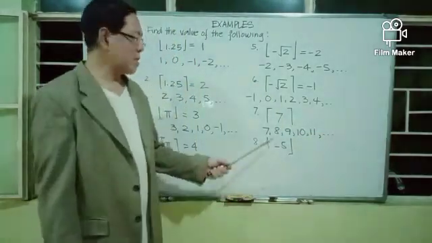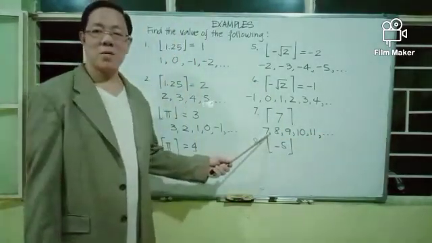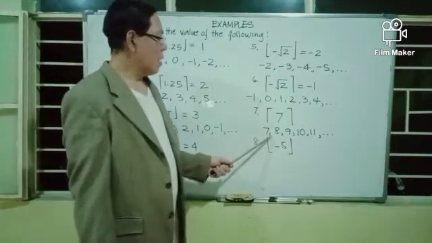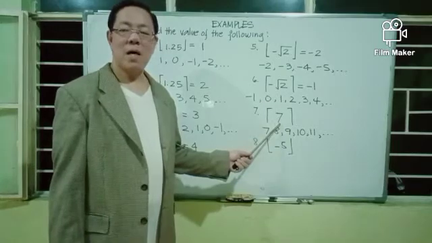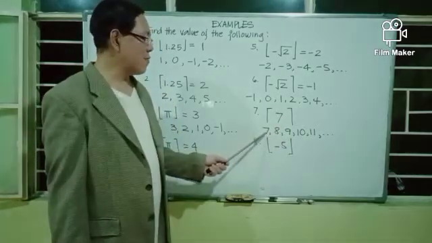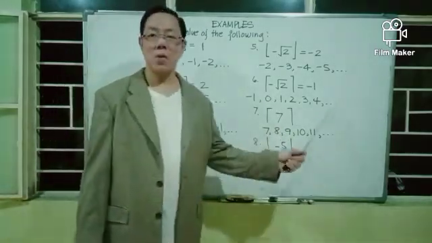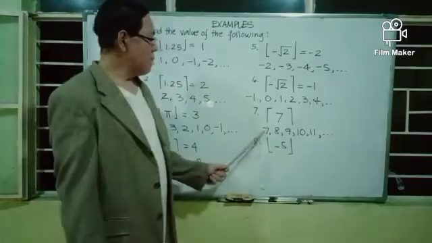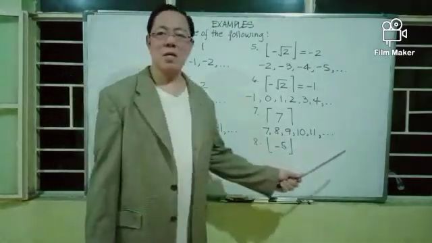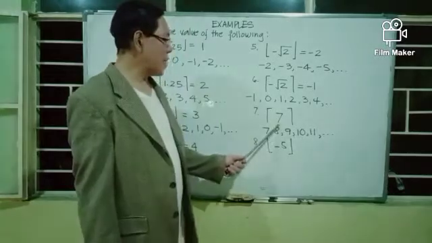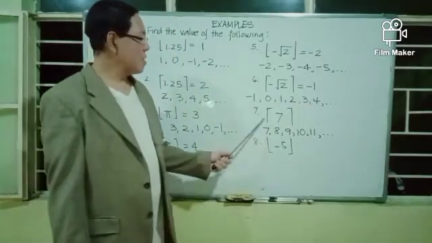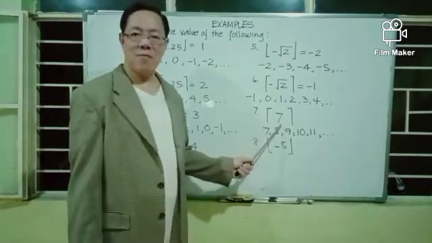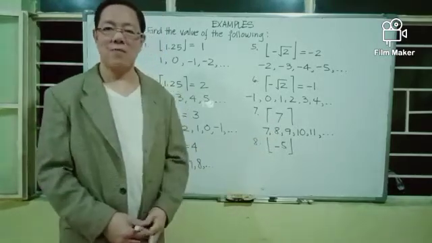All the positive integers that are greater than or equal to 7 are 7, 8, 9, 10, 11, up to positive infinity. But among these integers that are greater than or equal to 7, the least, or the smallest, is 7. Thus, the ceiling of 7 is itself, 7.